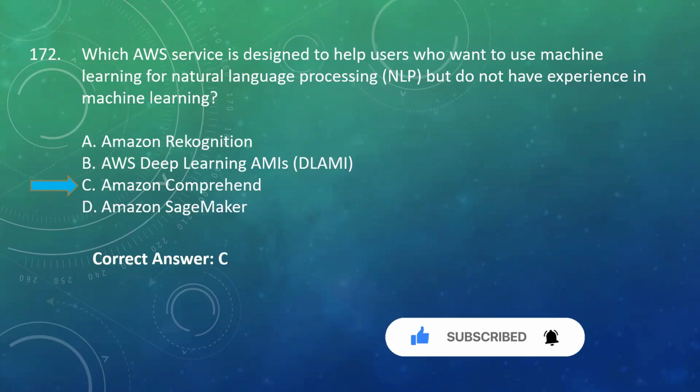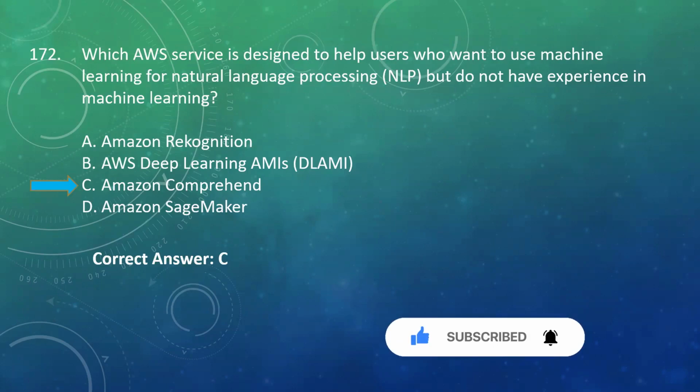use machine learning for natural language processing but do not have experience in machine learning. So basically, you can notice the question here is just the definition of Amazon Comprehend service. So you can expect to see some questions in the exam where they have just mentioned the definition of an AWS service in the question, and then in the answer options you have multiple options which are different AWS services.